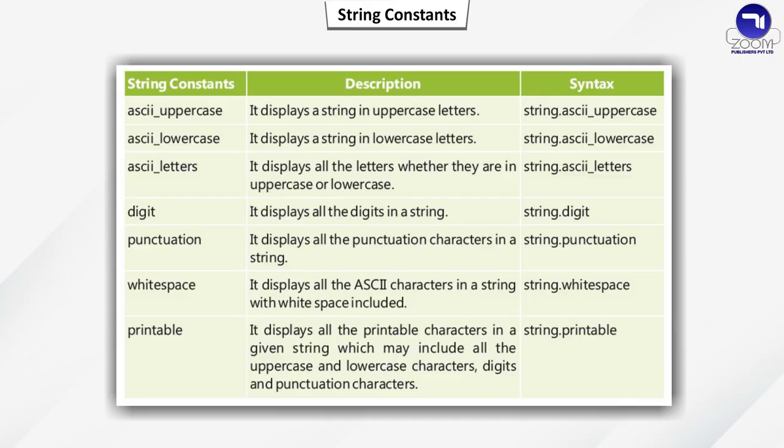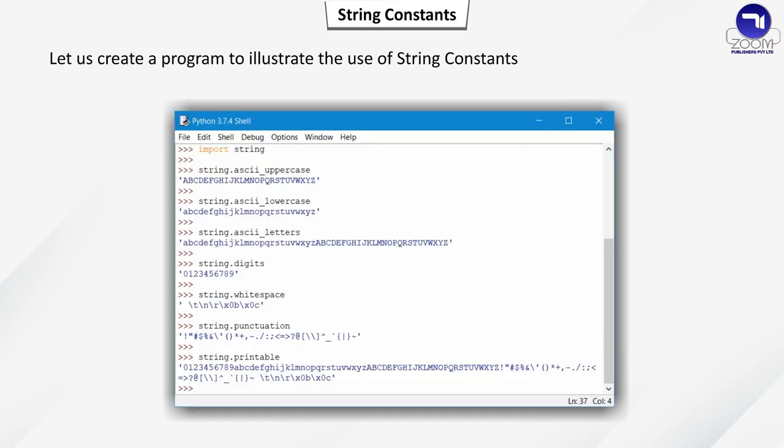It displays all the ASCII characters in a string with white space included. String.whitespace. Printable. It displays all the printable characters in a given string, which may include all the uppercase and lowercase characters, digits and punctuation characters. String.printable. Let us create a program to illustrate the use of string constants.